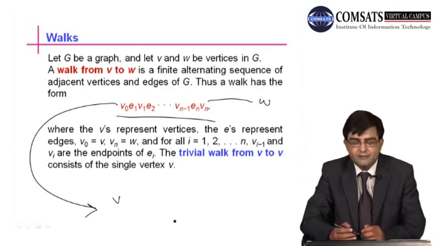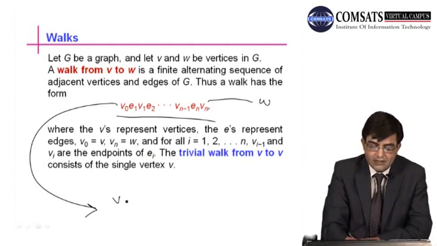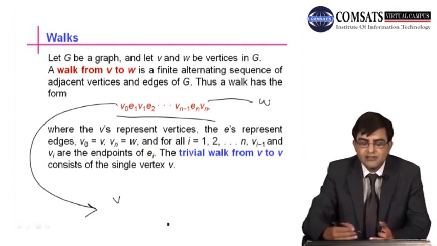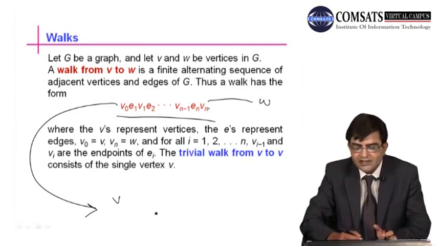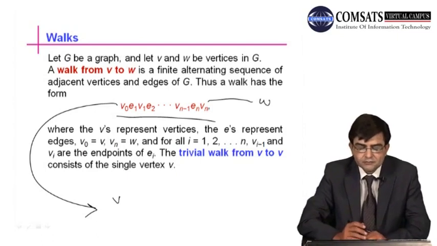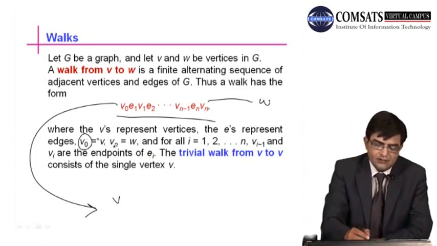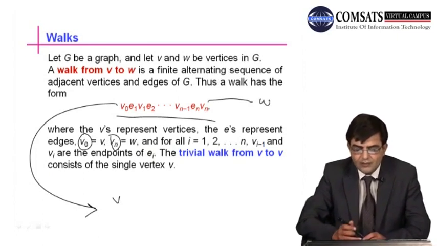So if we have to travel from v to w, then first we write v, then the edge which is adjacent to v, and then the vertex which is adjacent to e1. So a general walk has the form v0, e1, v1, e2, and so on, vn minus 1, en, and vn, where the v's represent the vertices and the e's represent the edges. Here v0 is v and vn is w.